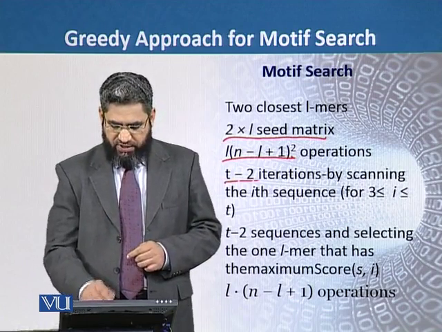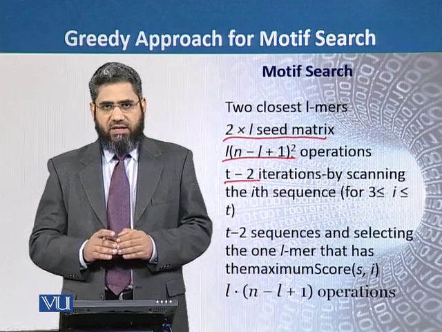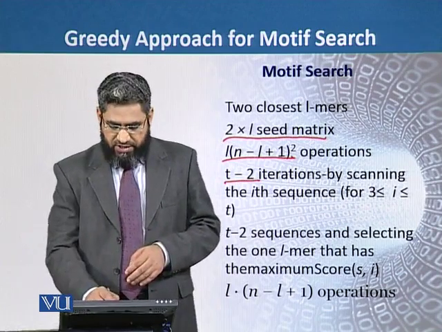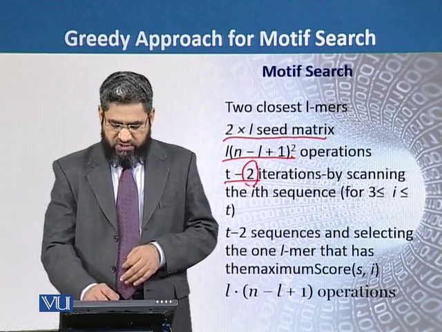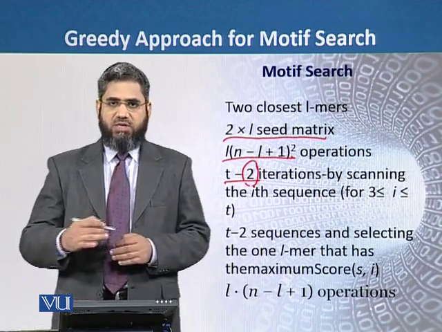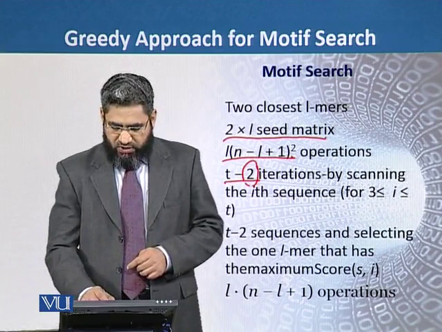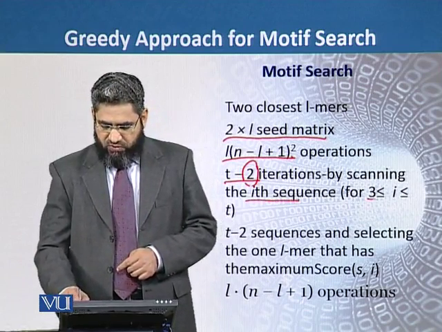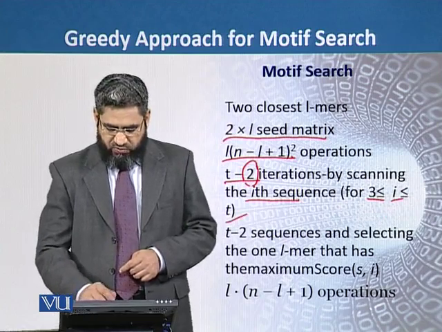For each of the t minus 2 remaining sequences, because the algorithm has already found the motifs within the first two DNA sequences, it eliminates the first two DNA sequences and searches the remaining ones, where i is greater than or equal to 3 and less than or equal to t.